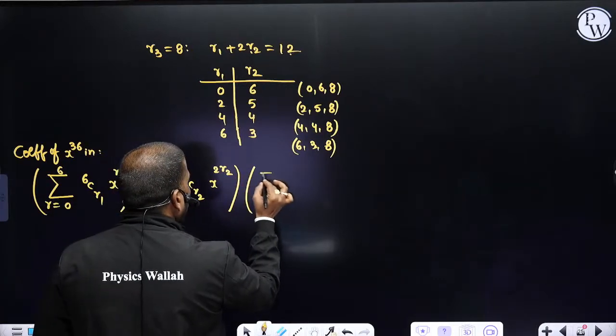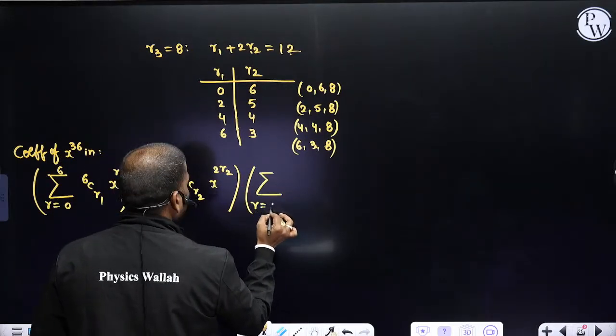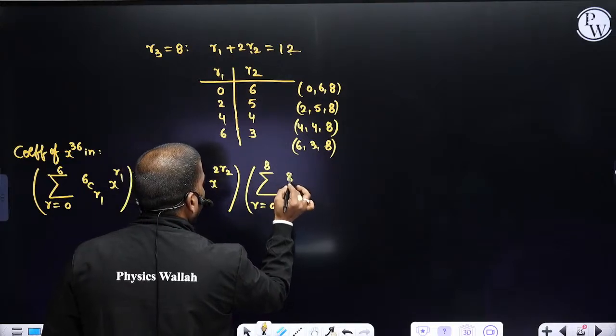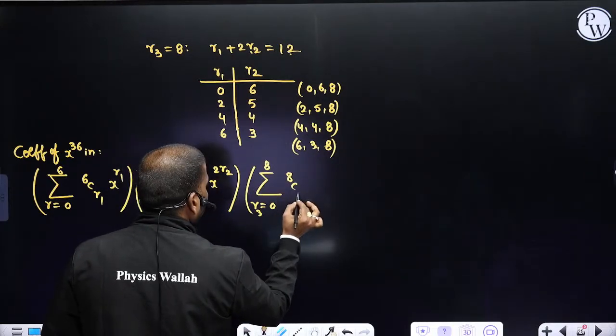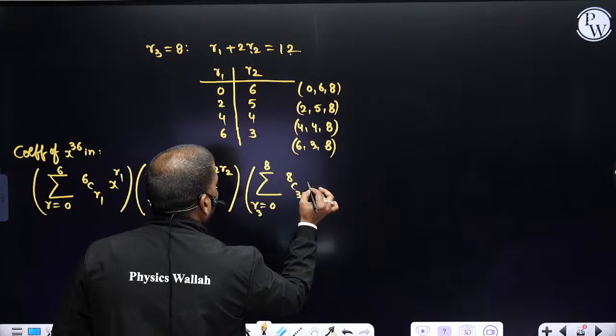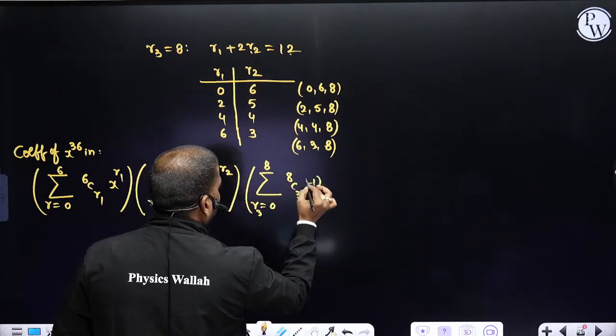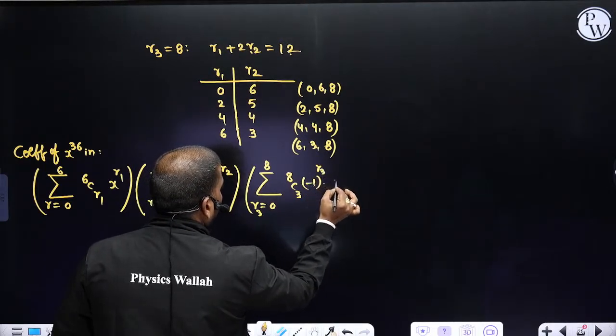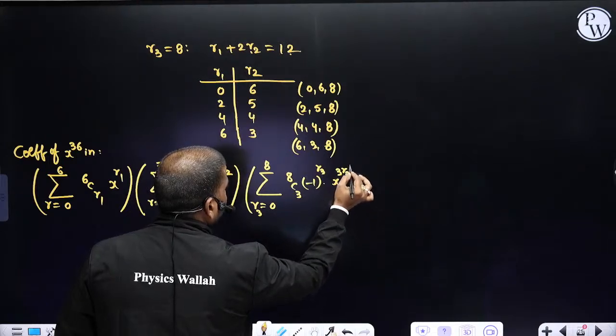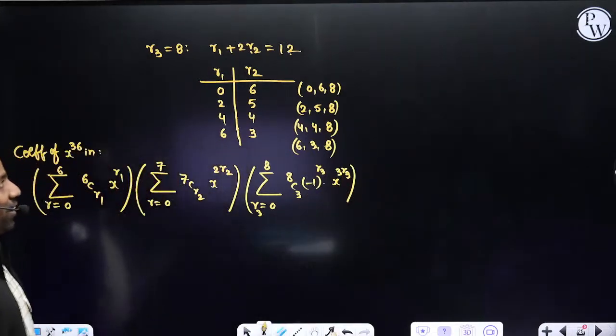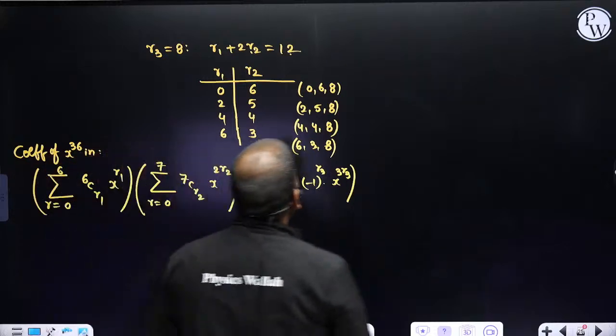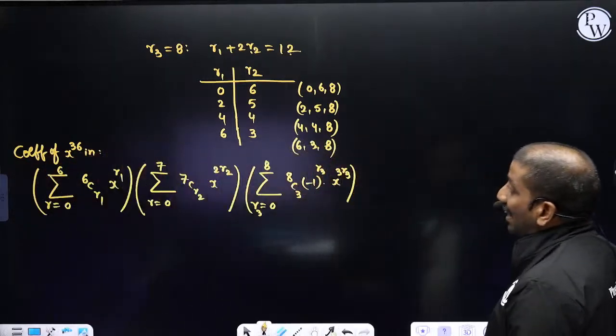And the last one, summation, R running from 0 to 8, 8c R3, minus 1 power R3, and x power 3 R3. According to this, we need to find all these cases.